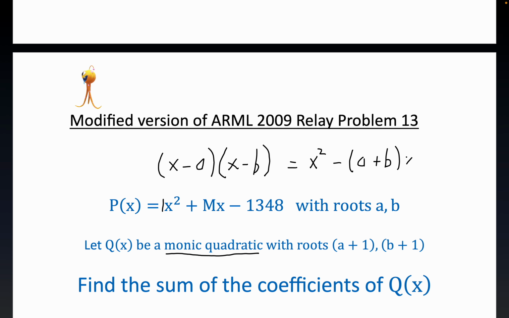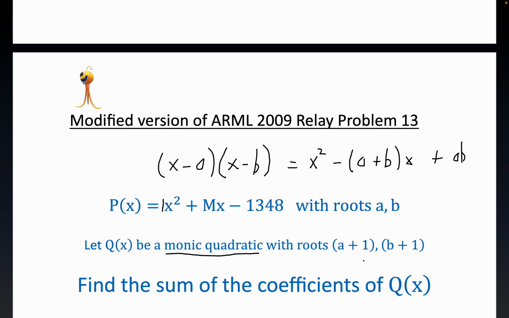And then of course these two minus signs cancel, and so you just have plus ab right here. So that's the product present as the constant term. So the goal is to find the sum of the coefficients of q of x, okay?